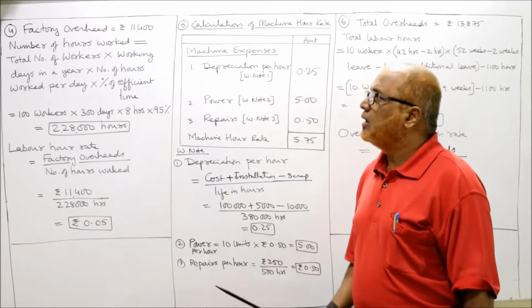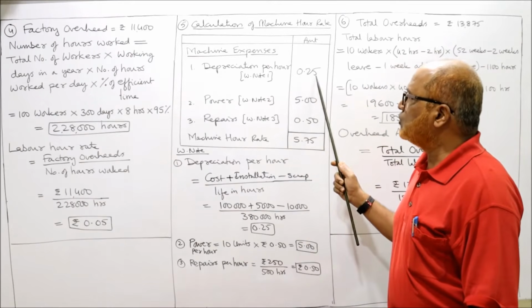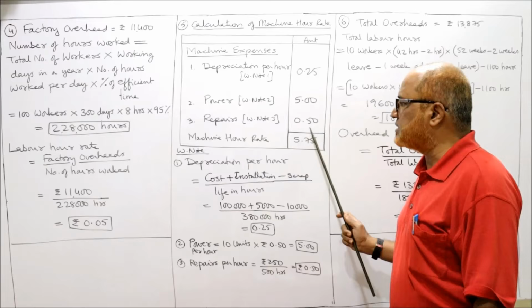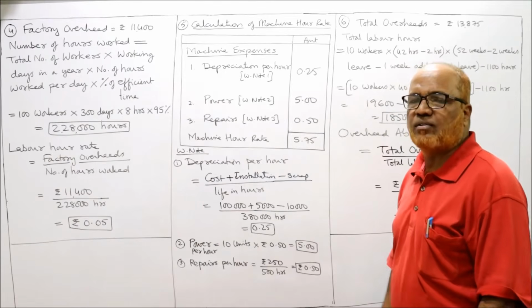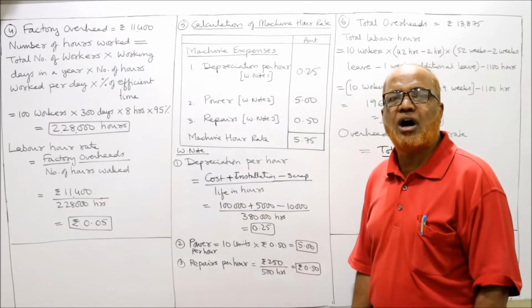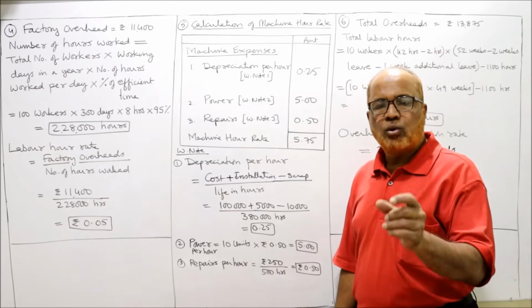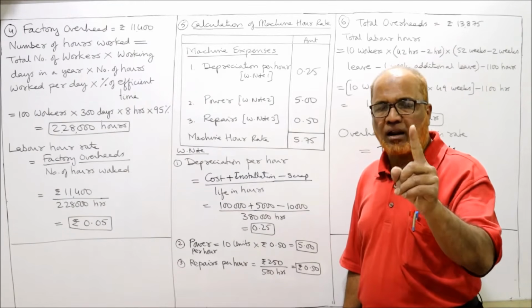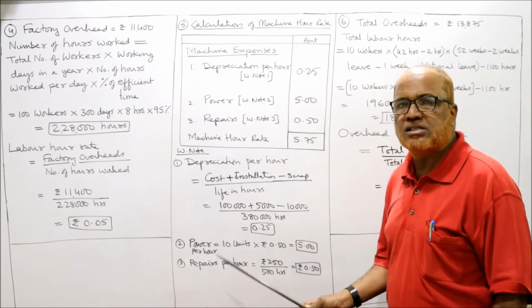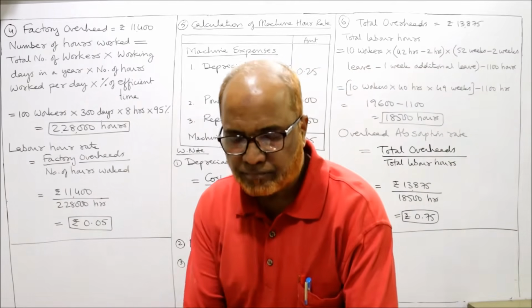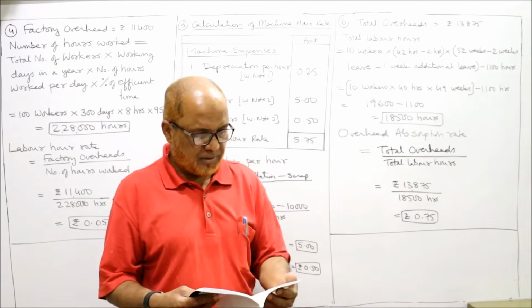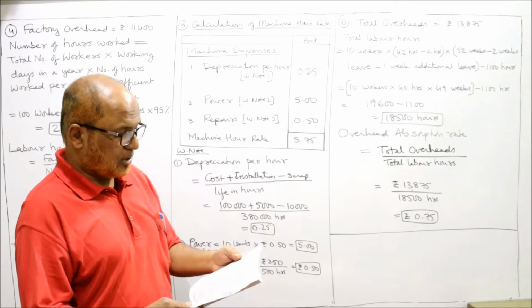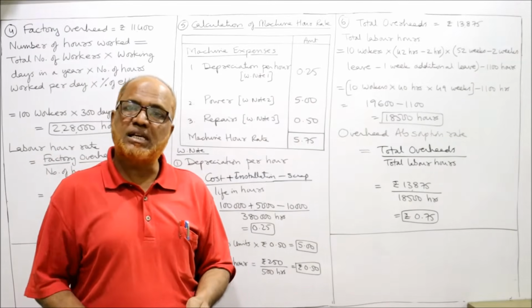Now we add 0.25, 5 rupees and 50 paise. So 5 rupees 75 paise is the machine hour rate. It means to run the machine for 1 hour the expenditure is 5 rupees 75 paise. That's it. This is the fifth problem. Now we'll come to the sixth problem.